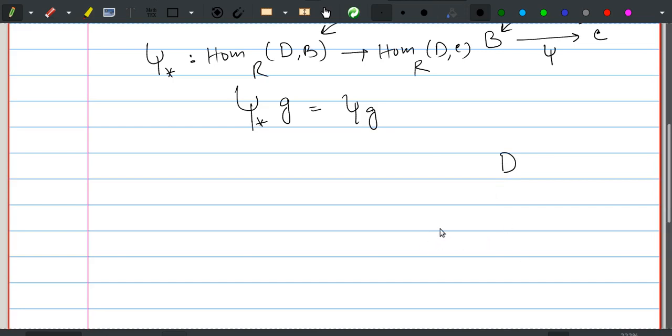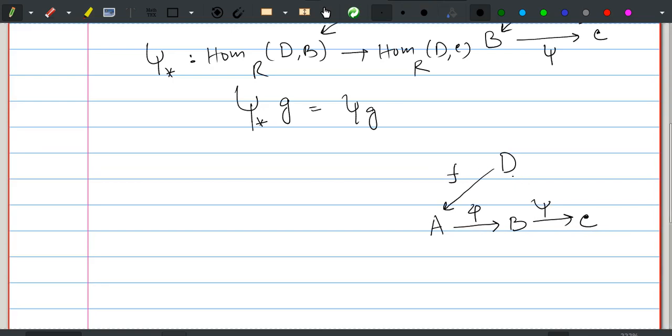Suppose we have D here and A, B and C, these are our R modules, and here we have phi and this is psi, this is map F, this is G, and this G is actually equal to phi F, and we have map H here, which is equal to psi G. Now this phi star carries this map F to this map G, and map psi star carries this G to H.